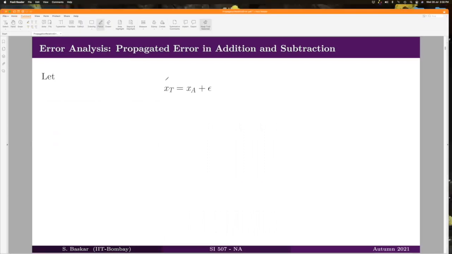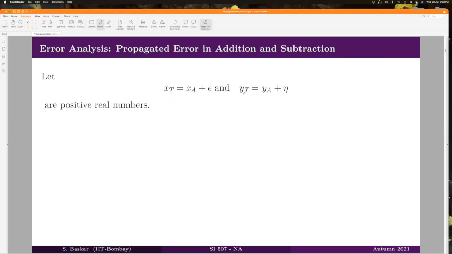Let us denote the true value that we would like to consider as xt, and its approximate value by xa, and let xt equal xa plus epsilon, where epsilon is a small number. This means epsilon can be written as xt minus xa, which is nothing but the error in xa when compared to xt.